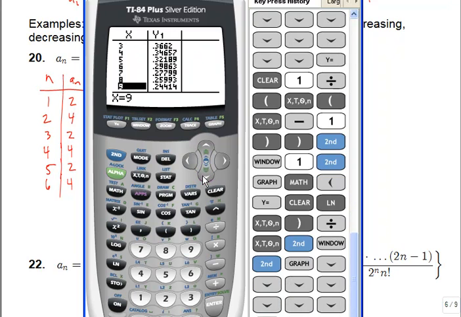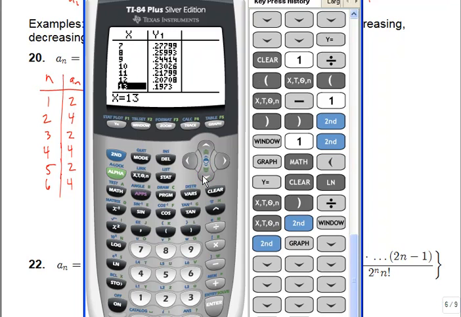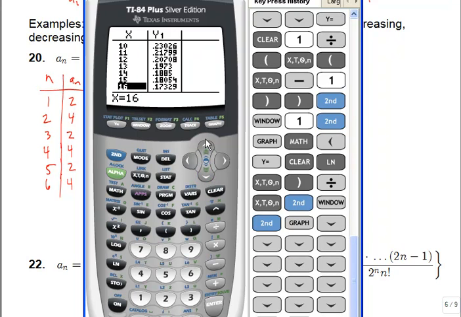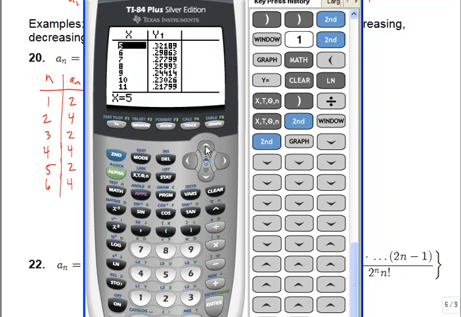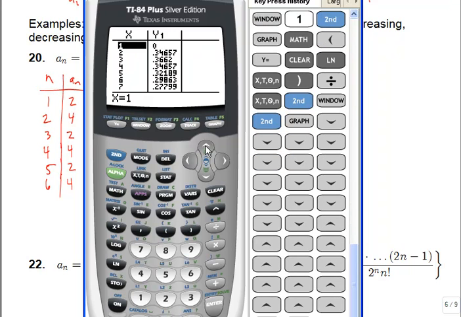And if I continue down, all of these now are going to continue to get smaller and smaller. But initially, those first few terms increased. So I increased from 1 to 2, and then from 2 to 3, and then after 3 I decreased. Okay? So that would be one way to look at this.